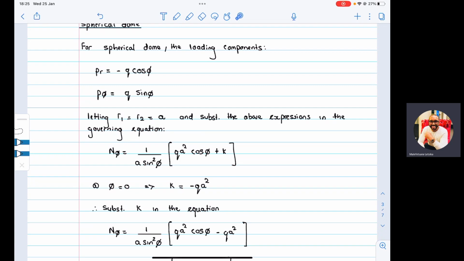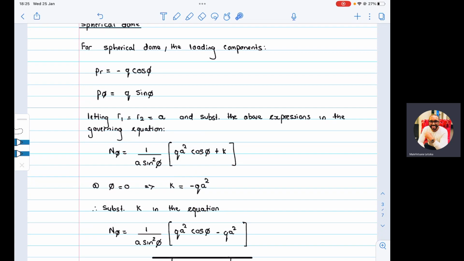So at phi goes to 0, the boundary condition gives the constant K equals minus QA squared. So phi 0 means cos of 0, which is 1. And then, of course, you solve for K, and you should get that negative QA squared.